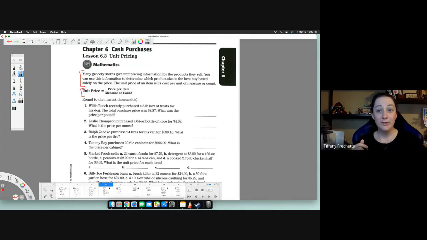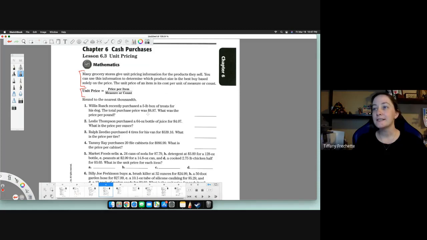Sometimes when things are on sale, it looks like a better price because of the wording, but it's actually not always the better price because it's a manipulation in the wording. So understanding how to calculate unit price is definitely a very good real world skill. Anyway, enough lecturing there.